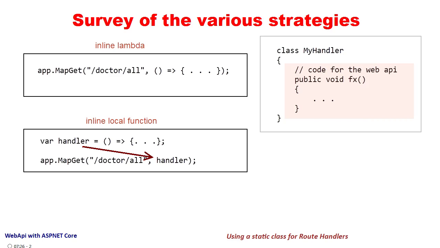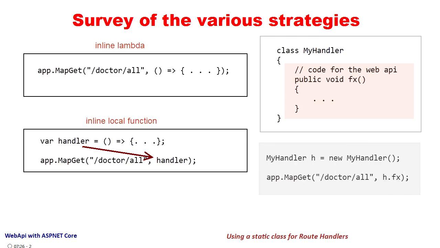This instance function can now be wired to the web API as shown here. As you must have noticed, we need to first create an instance of the class and then call the specific function from there. This step can be done away with by using a static class instead, and that will make it more neat also.